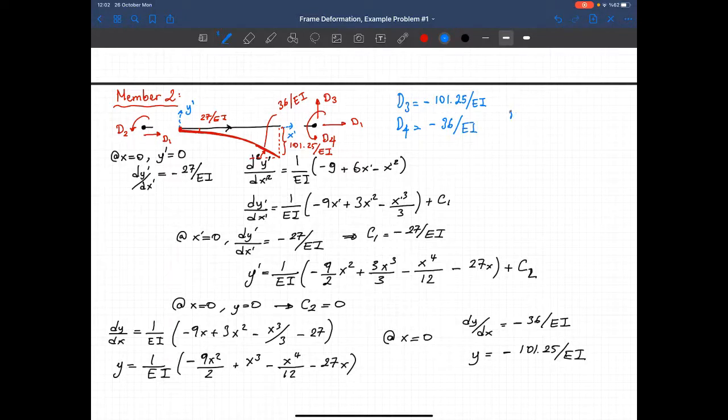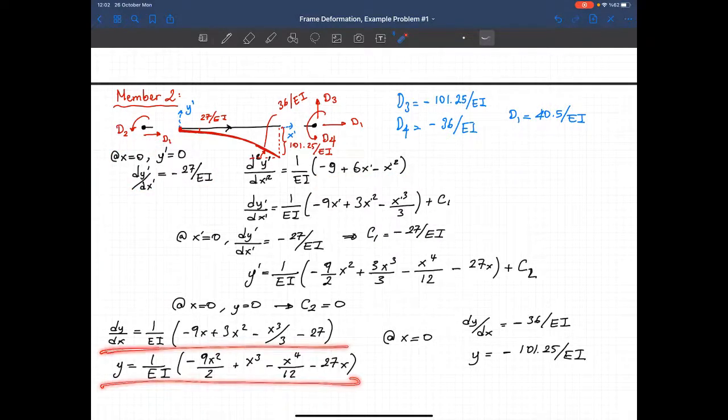And D1 is what we already calculated before, and that's equal to 40.5 divided by EI. So as you see, once we know the equation of the moment and two boundary conditions at a member, we can calculate everything. We can calculate the equation of the rotation, and the equation of the transverse displacement. And by using these equations, I can determine the values of all unknown degrees of freedom.